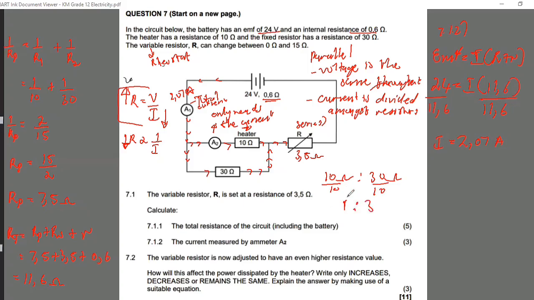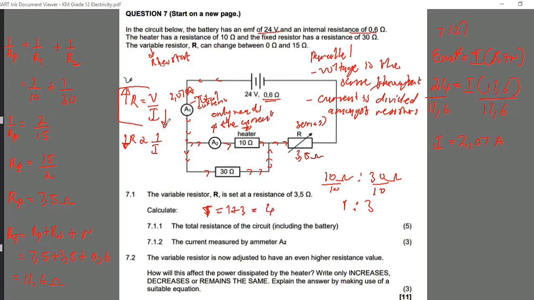So that means for every 1 ohm of resistance here, we actually have 3 ohms of resistance. So that's 1:3. Then we can simply use this relationship in order to find the current. How so? Let's first start by finding the total sum of the ratios. So the total sum of the ratios will be 1 plus 3, which will give us 4, right?